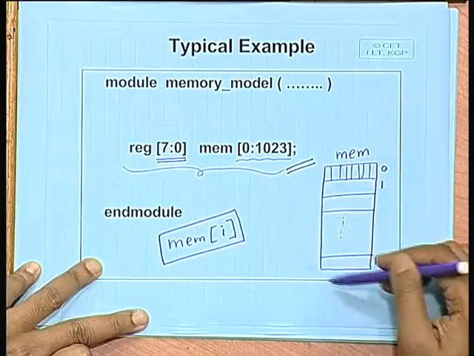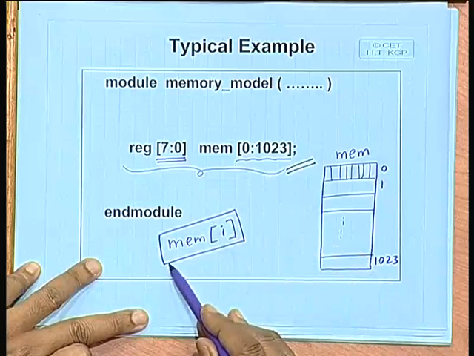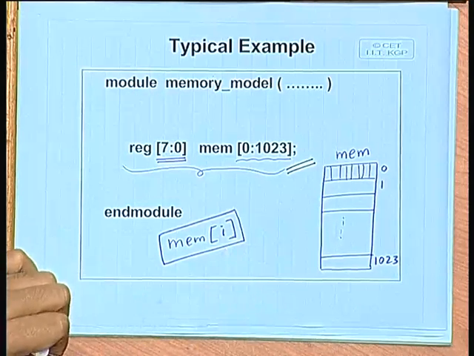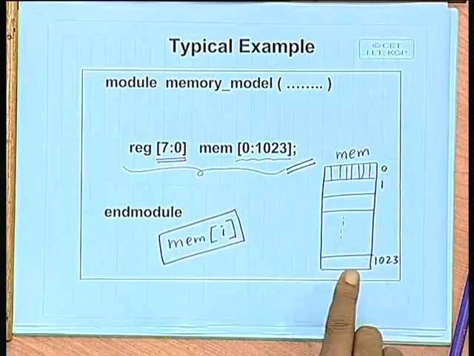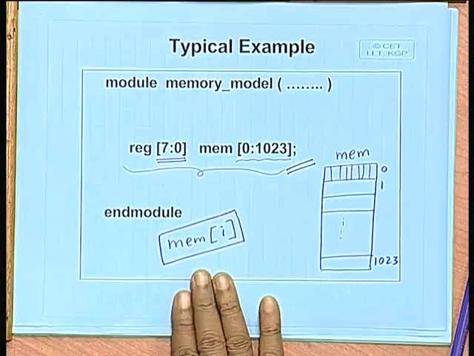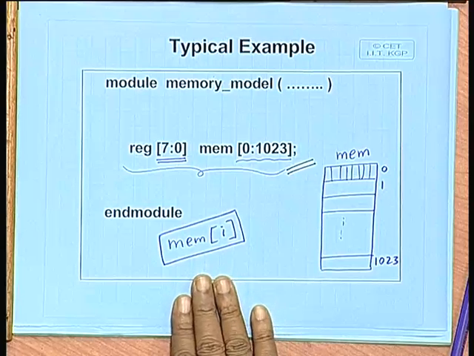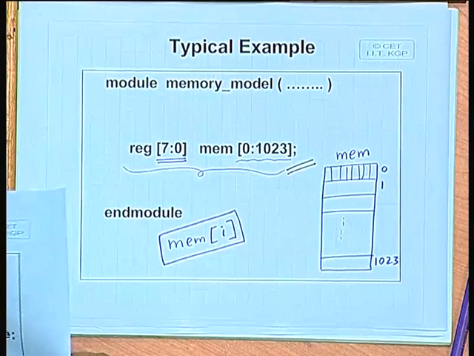So, we can model a memory system behaviorally by this, and you can access the ith location using simply mem I. This is what you can do. But I had said that you typically use this kind of a memory modeling when your target is to simulate. That is the most common scenario.